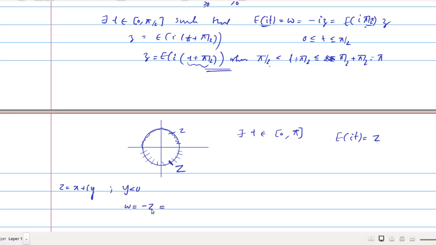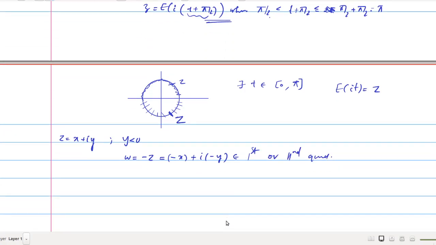If z is equal to x plus iy, then w will be minus x plus i times minus y. So this belongs to the first or second quadrant.